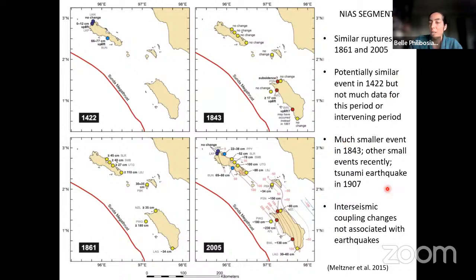There are also smaller events that occur here, such as in 1843, which only affected a couple of sites on Nias, the tsunami earthquake in 1907, like I mentioned, and other smaller events recently. These seem to be filling in the gaps left by these larger events, but the larger events don't happen as frequently as the smaller ones.